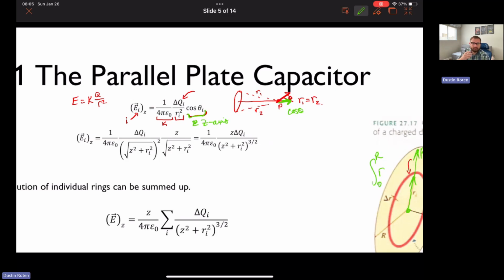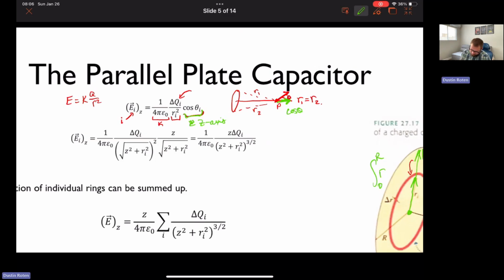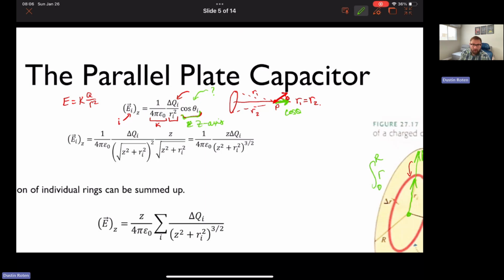But we need to include a few things here because we don't have an R here. So let's think about how we can rewrite this thing.